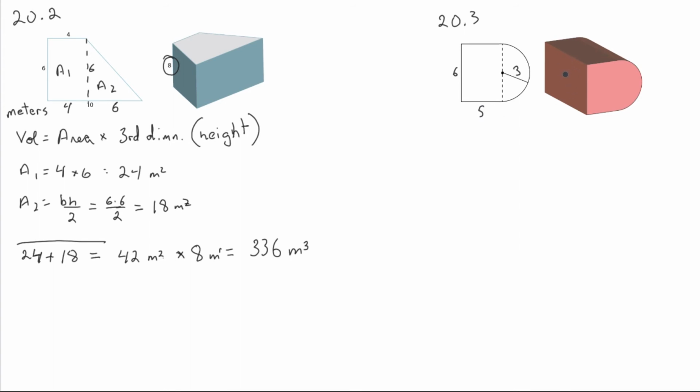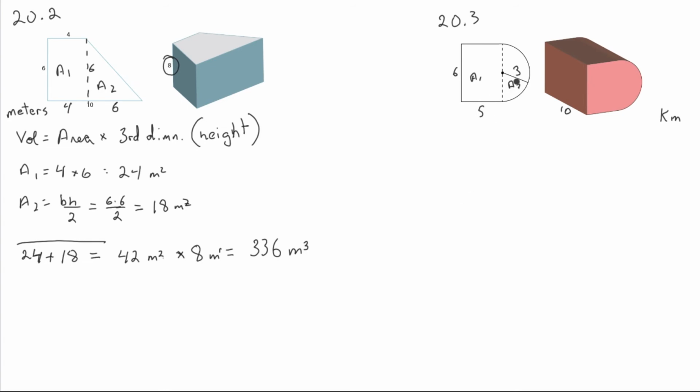And here, our depth is going to be 10. And this is all kilometers. Okay, so the easiest thing to do is going to be to break this into the shapes it's already given us broken into, right? So we have area 1 here, and we have area 2 here.